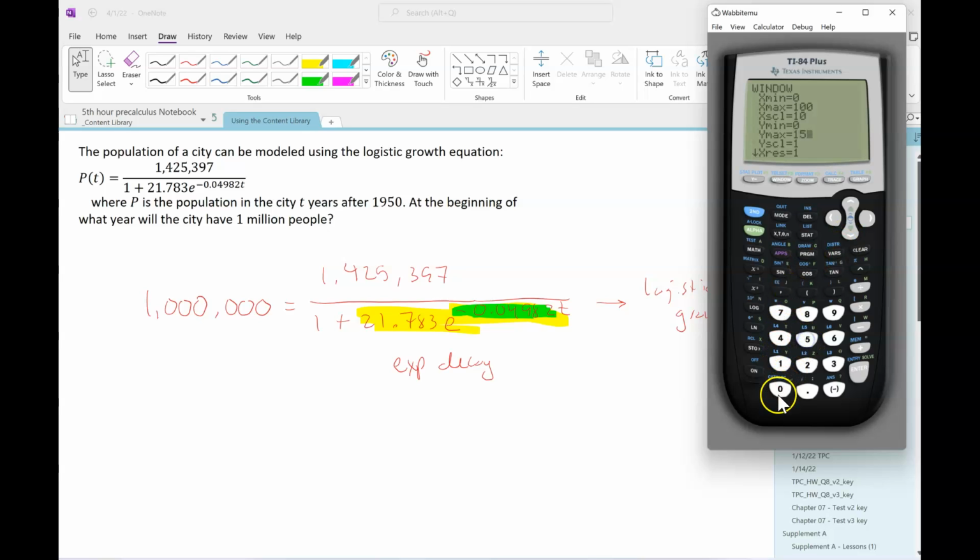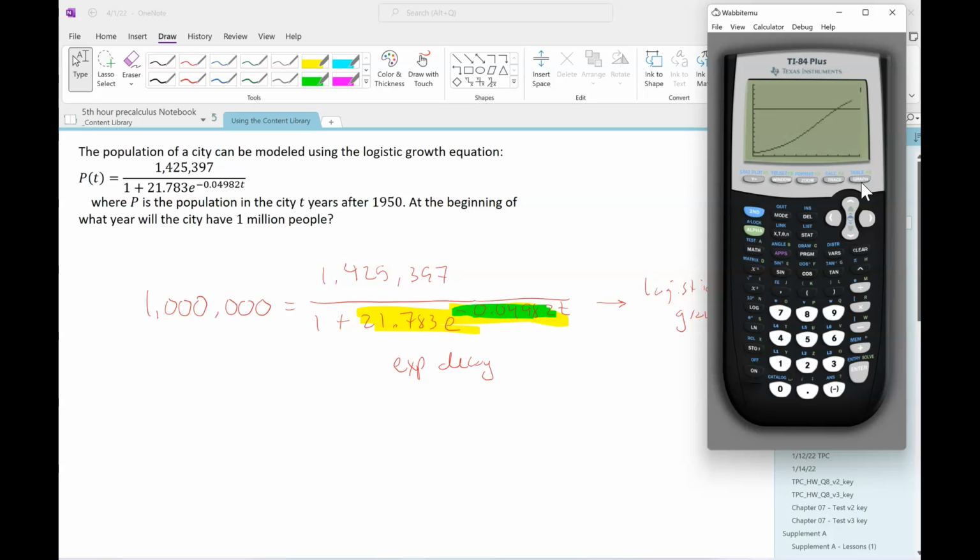I'm just going to do 1.5 million because that was a lot of numbers to worry about. And then going up by 100,000 seems appropriate. Let's hit graph.